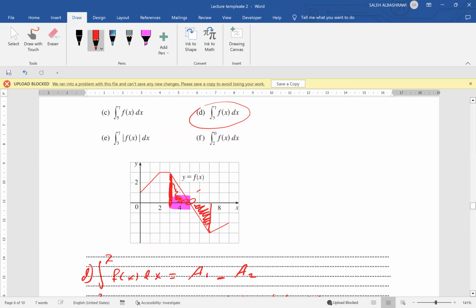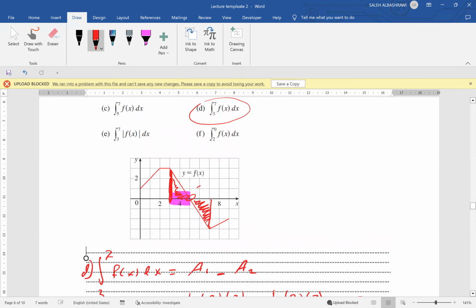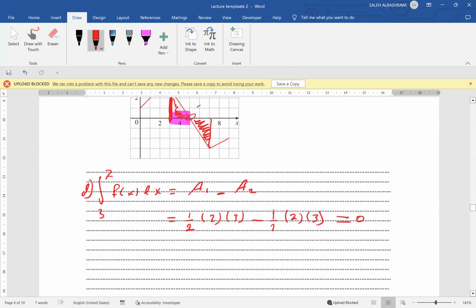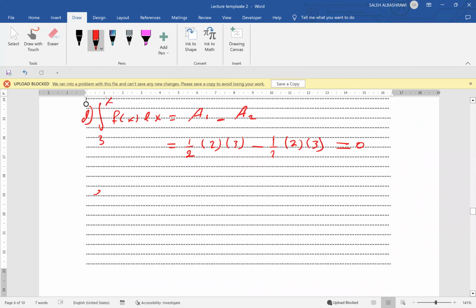Next one, E. For E, we have the absolute value of f of x, from 3 to 7, dx.